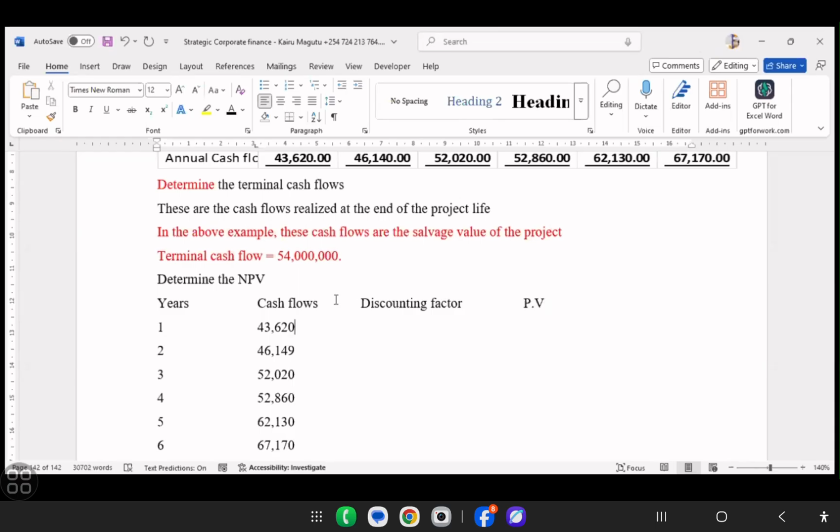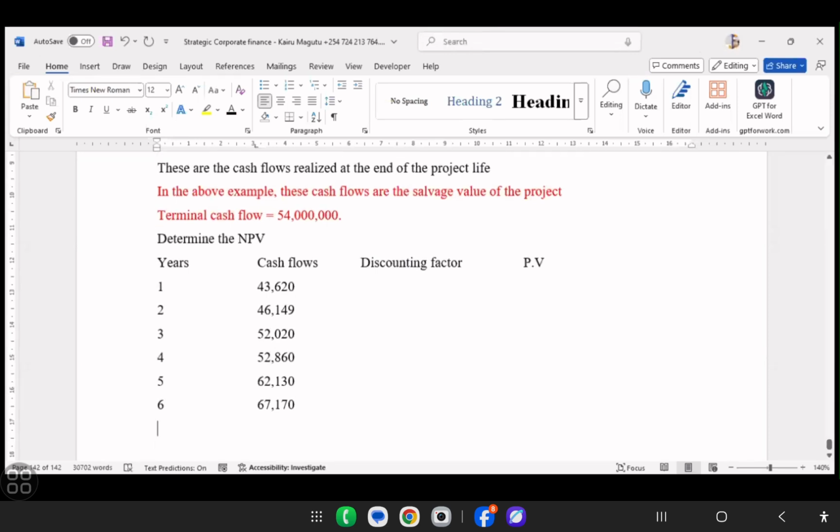In year 6, there is salvage value still. So in year 6, we can have two cash flows. I will have it this way. The annual cash flow, I will add the 54 million, like that.